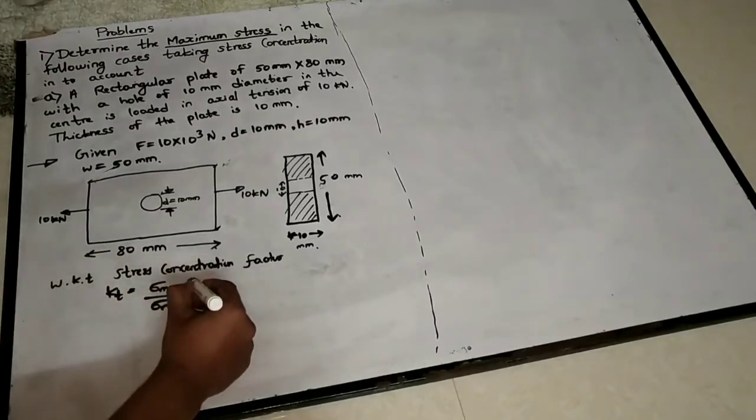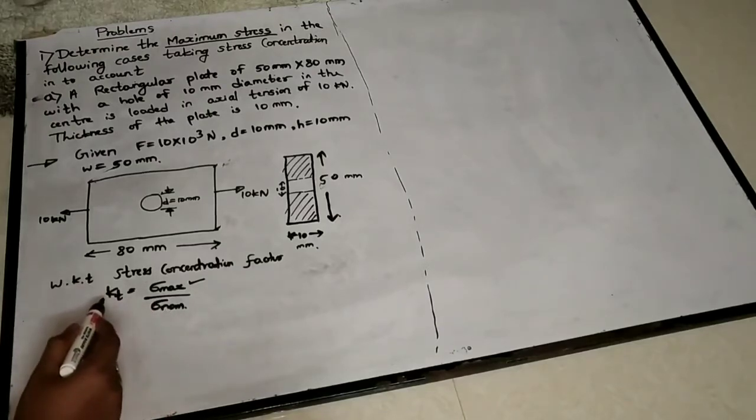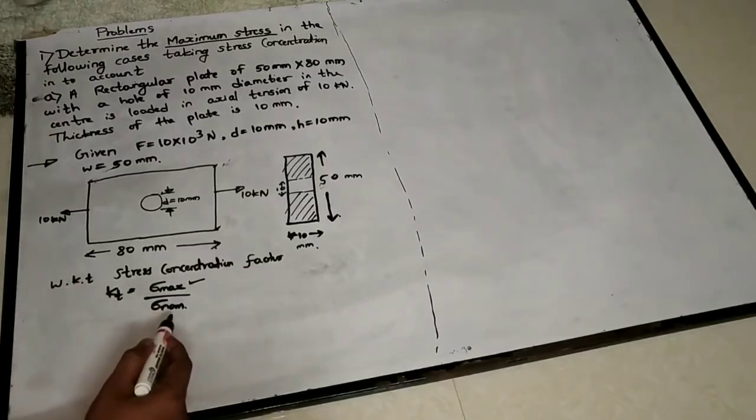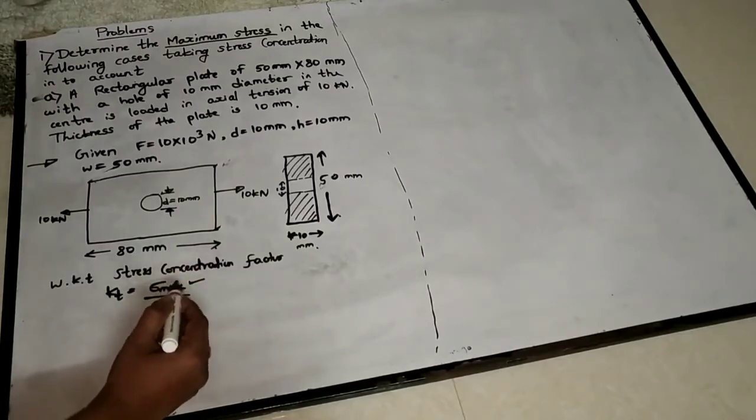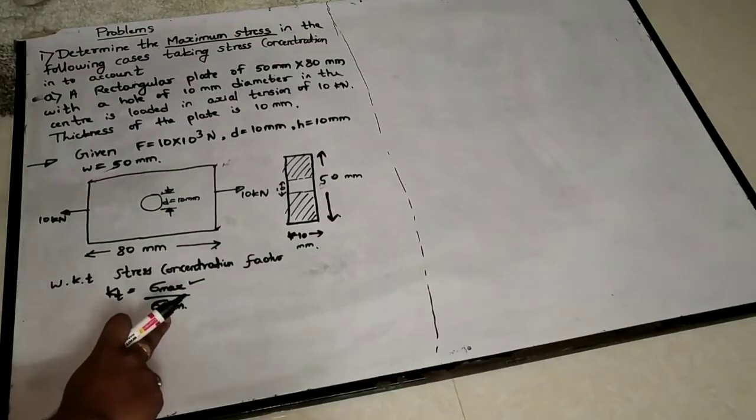This maximum stress they are asking for in this particular problem. So if you find the stress concentration factor and the nominal stress, you can easily get the maximum stress value. First we'll try to find the nominal stress.